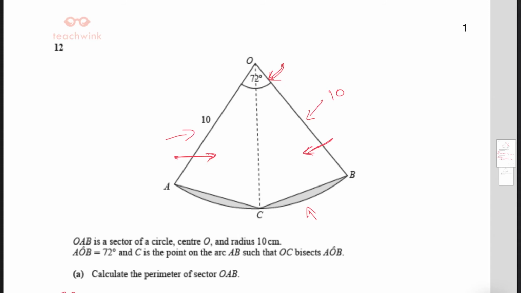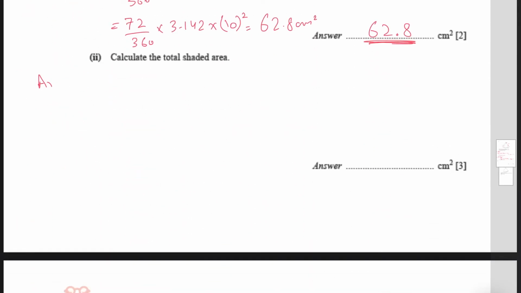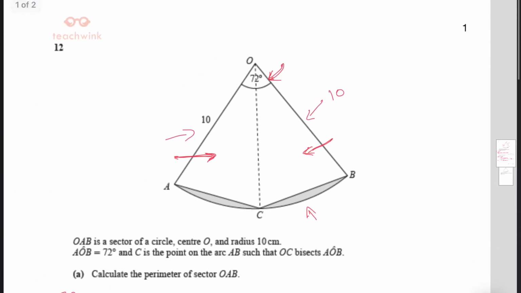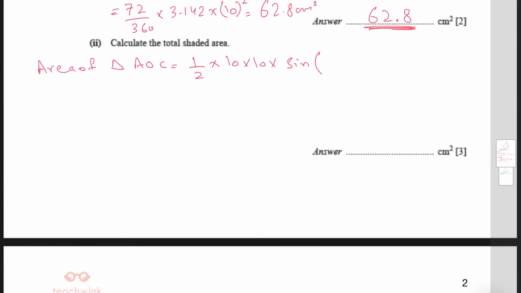So let's calculate the area of AOC. How do we do that? Area of triangle AOC can be found by multiplying half by 10 by 10 by sine what? Half of 72. Why? Because this is just half of this triangle. So 72 over 2 would be 36, or we can write it over here, 36.